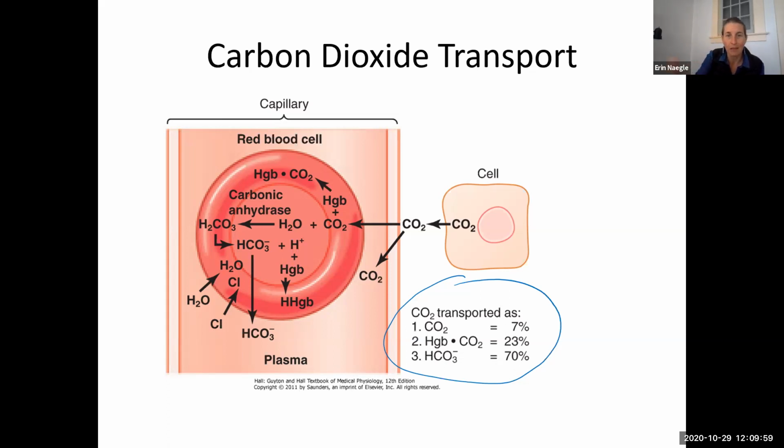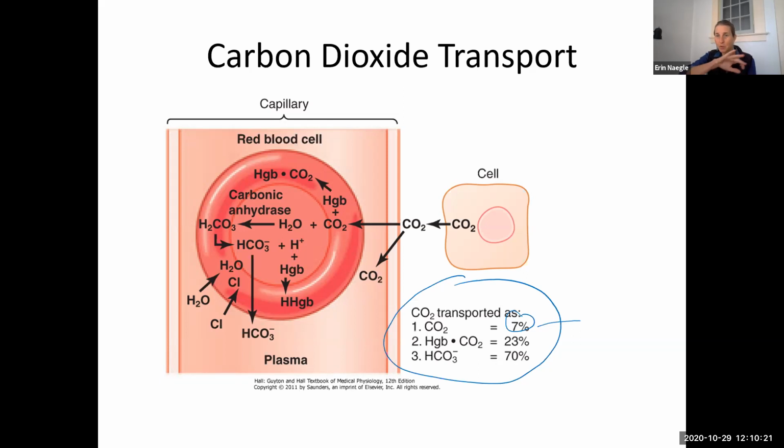One, a little bit of it is just dissolved into the blood plasma. And then 23% of it is HGB-CO2. What does that mean? That is hemoglobin. So carbon dioxide also binds to the hemoglobin.